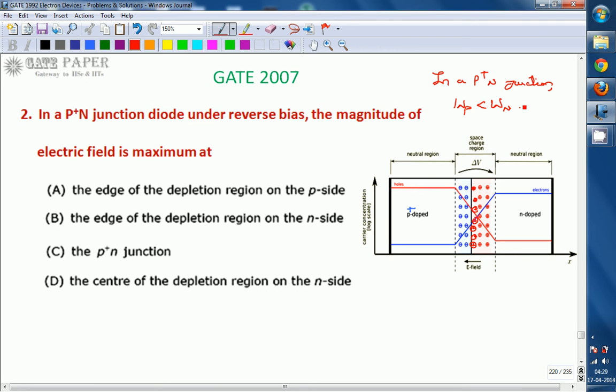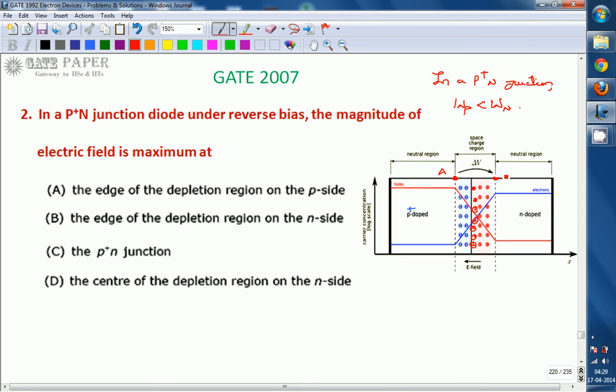Now the electric field will be maximum at which position? A is the edge of depletion region on P side, this point. B is the edge of depletion region on N side, this point.